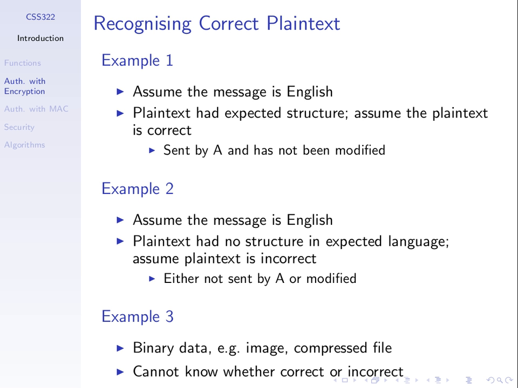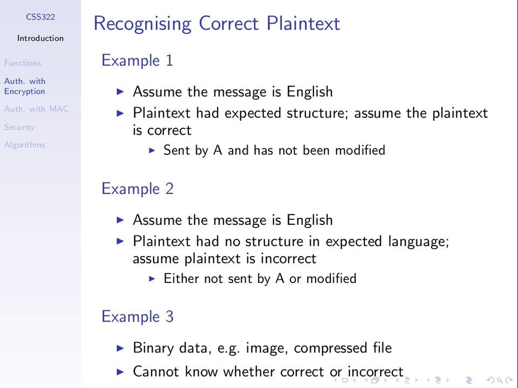So in example 2, we would have assumed that something went wrong. Because we decrypted, we got some random set of characters, then we would have assumed that either A did not send it, or someone along the way modified the ciphertext. That is a problem with authentication.